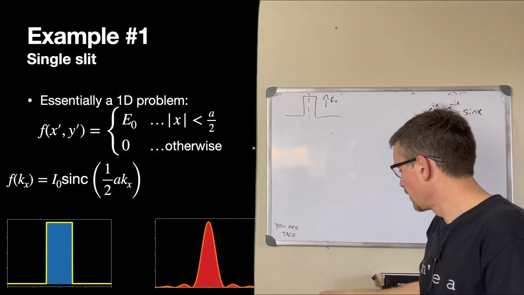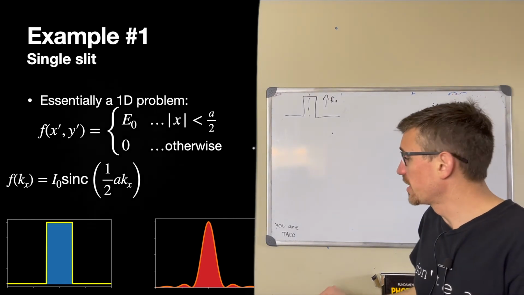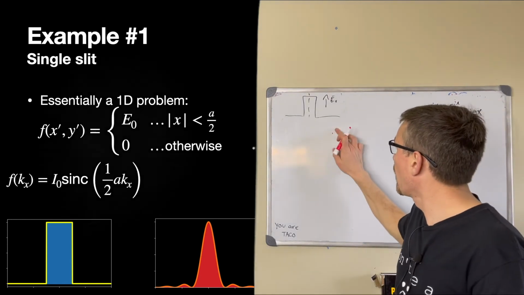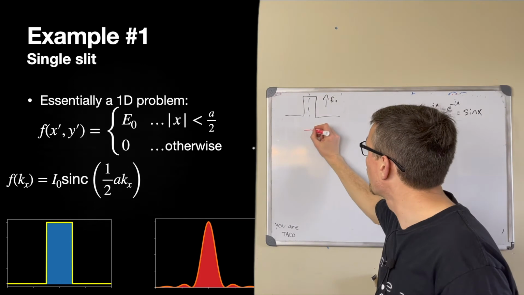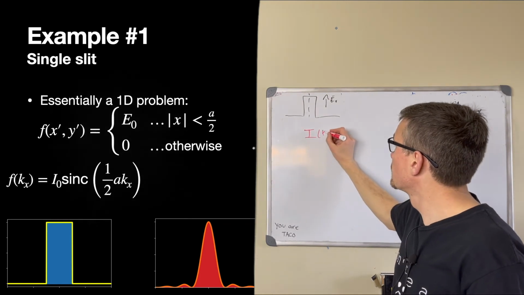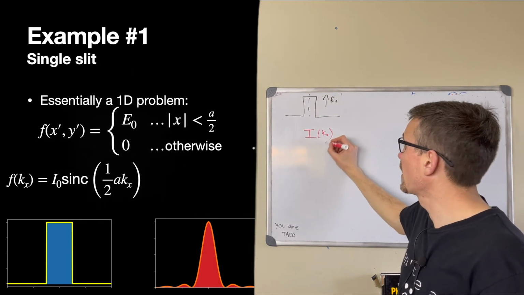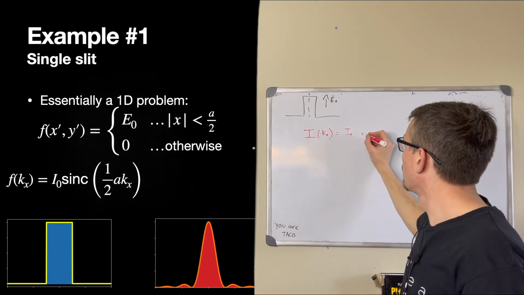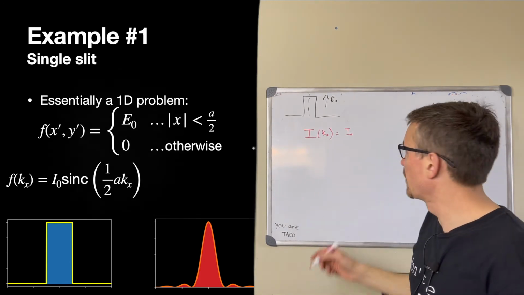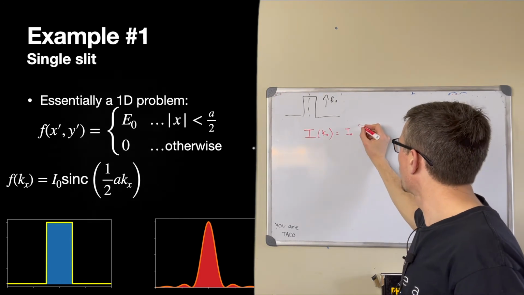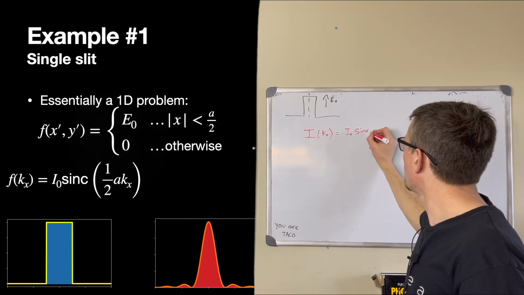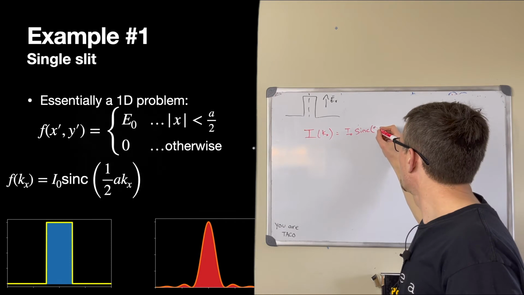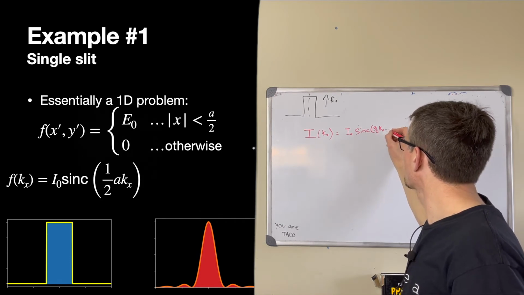This is a very confusing part at first, or a potential pitfall, we'll say. We just found I in terms of k. So what we actually found was I of kx, a function of kx, which was equal to I naught times a. I want to bring all those constants out there, times sinc of a over 2 times kx.